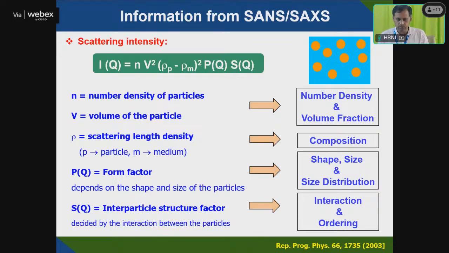So you can tune it in such a way that, for example, if you take a micelle structure, a micelle is formed, and the micelle surface is nothing but a spherical aggregated structure of surfactant molecules.